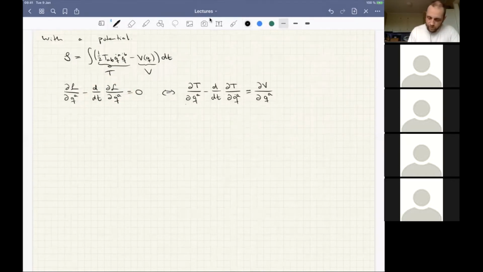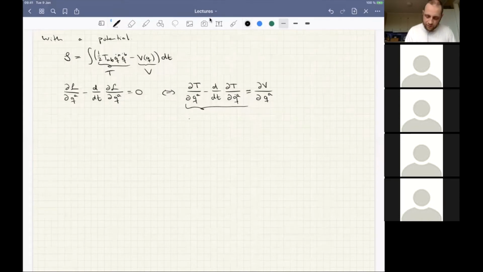Now, this thing here, the kinetic part, we computed that. That was the derivative that gave us the geodesics for this kinematic metric when we had no potential.